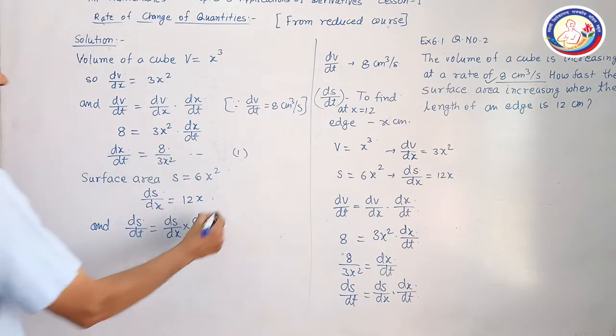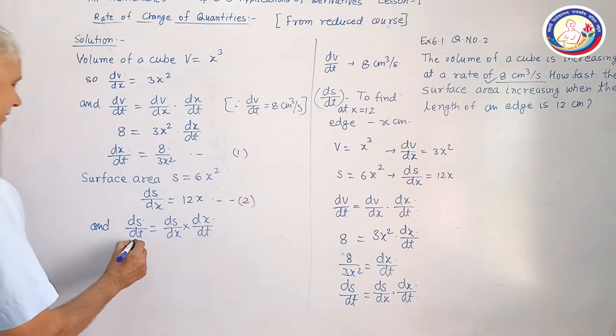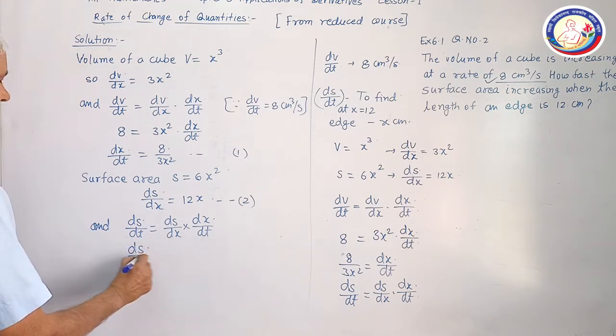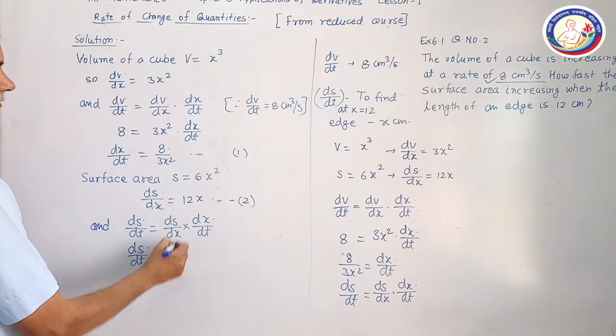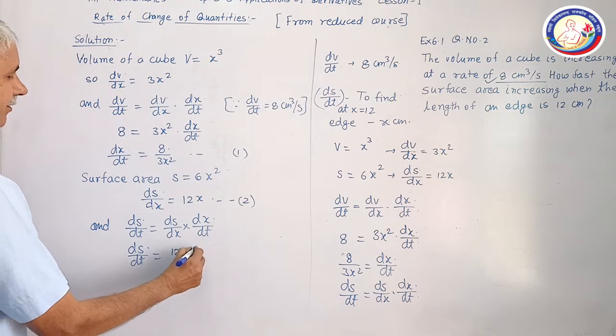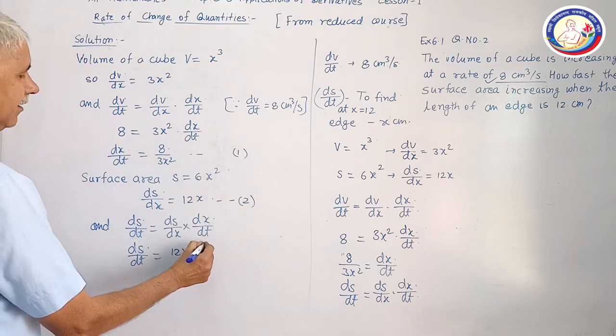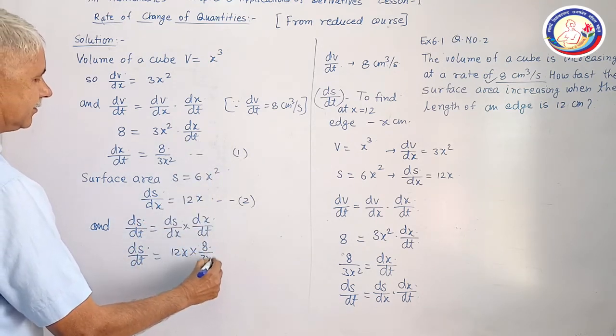So what is ds by dt here from 1 and 2? It will be ds by dt equal to 12x into 8 upon 3x square.